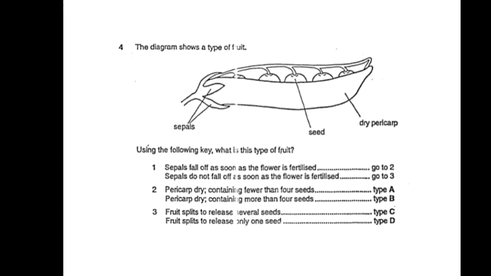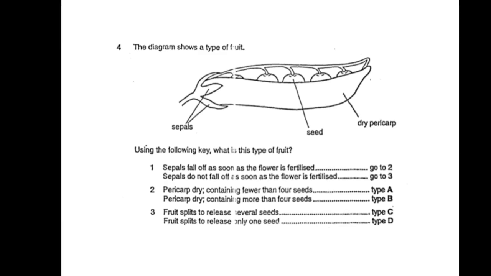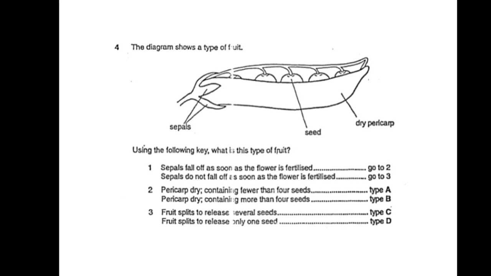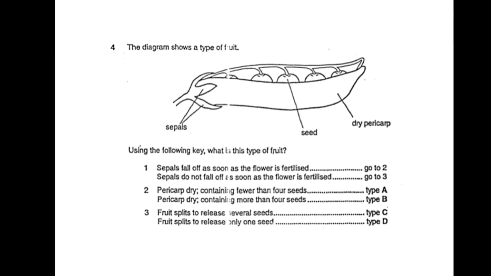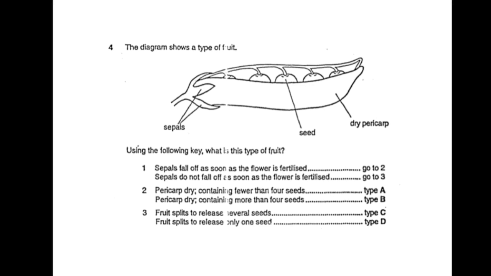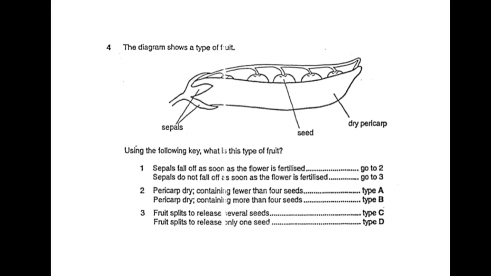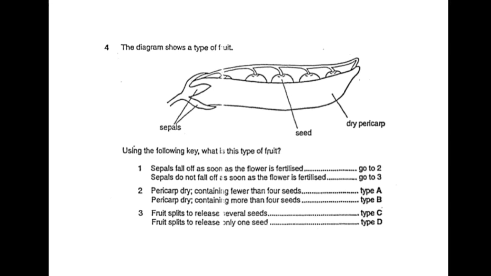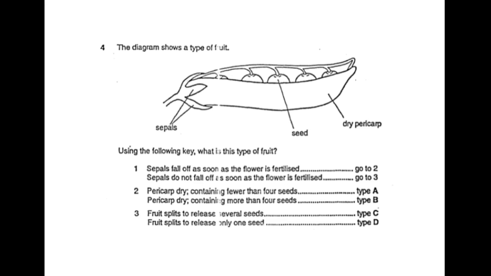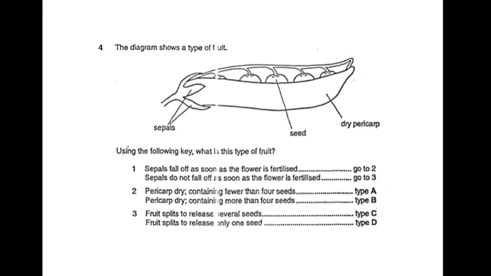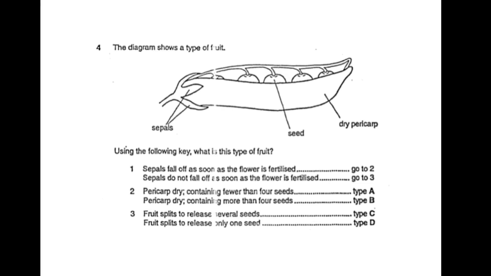Question number 4. The diagram shows a type of fruit. Using the following key, what is this type of fruit? So number 1. Sepals fall off as soon as the flower is fertilized. Sepals do not fall off as soon as the flower is fertilized. As you can see on the diagram, sepals are still there, so it does not fall.